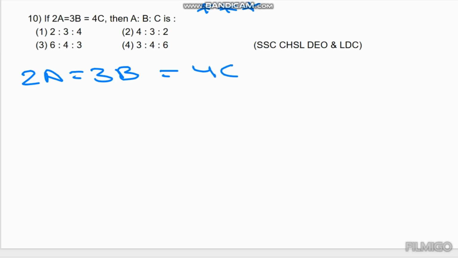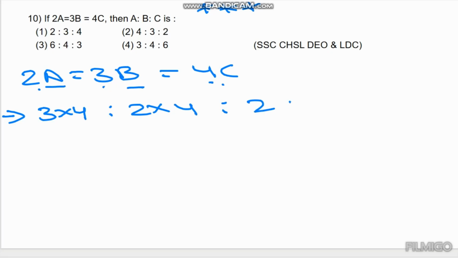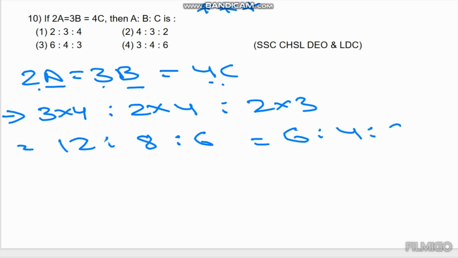For this kind of questions, we just need to take value of 3 and 4, 3 into 4 for A, and value of A and C for B, 2 into 4, and value of A and B for C, 2 into 3. Equal to 12 is to 8 is to 6, which can be simplified as 6 is to 4 is to 3. Option 3 is correct answer.